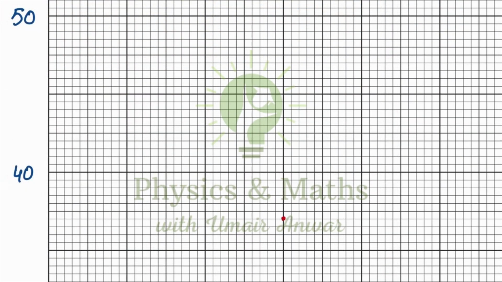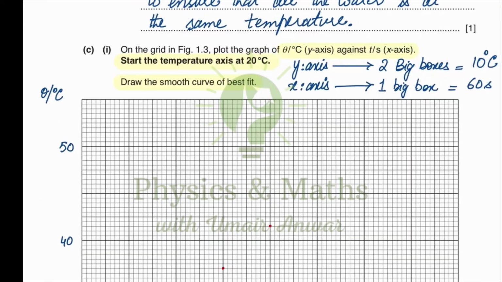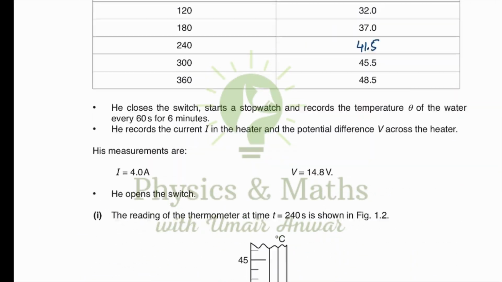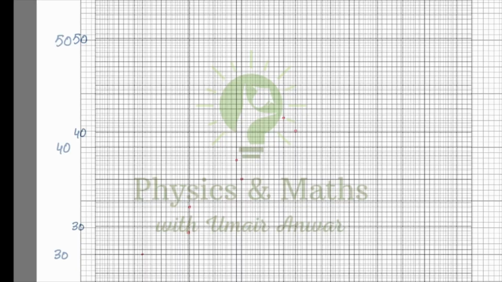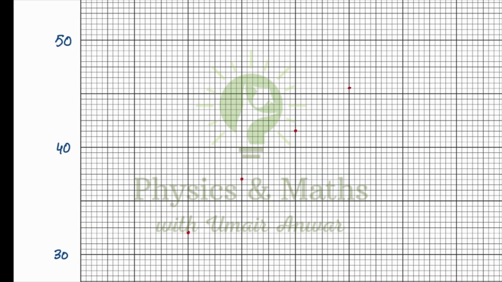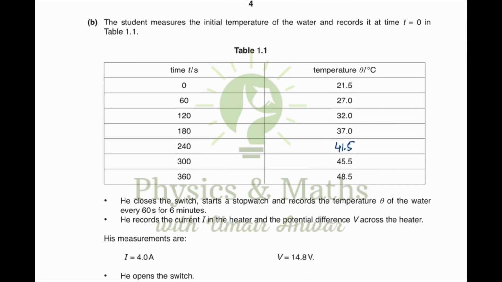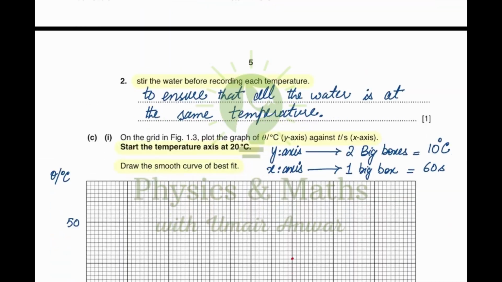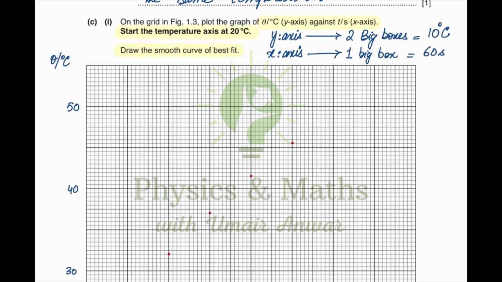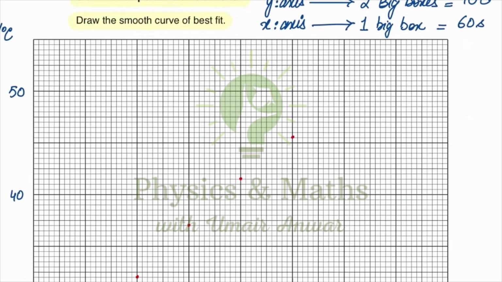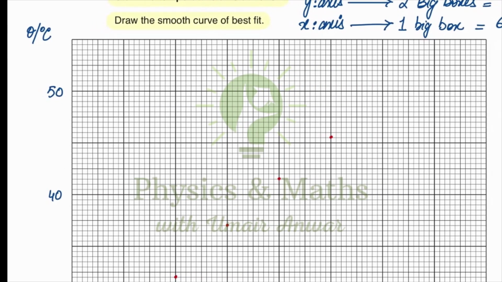So 41.5 would be marked over here at 240. At 300 we have the value of 45.5. So that would be marked over here. And lastly we have the value of 48.5. So 48.5 would be marked here.